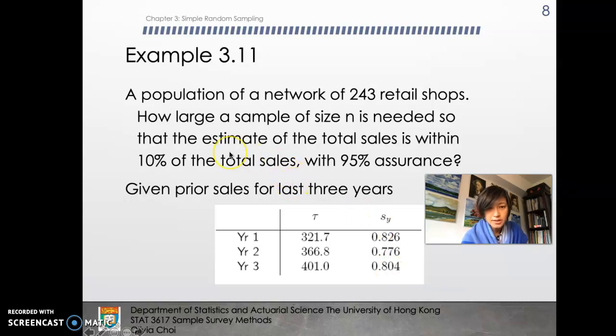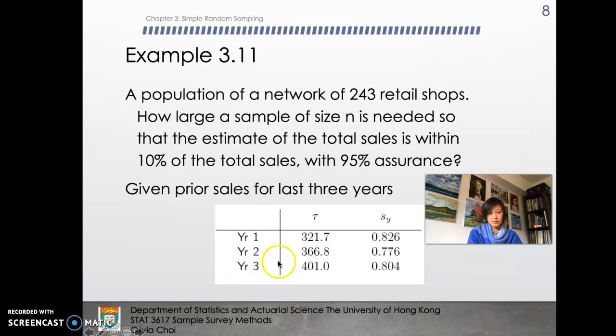Okay. Next one is, what is the bound of error? So the requirement is that the estimate of the total sales is within 10% of the total sales. So the bound of error would be 10% of the total sales. So we can estimate the total sales for year 4, then multiply by 10%, and that would be the bound of error, right?